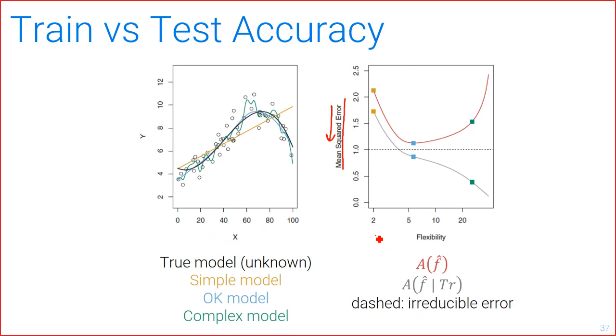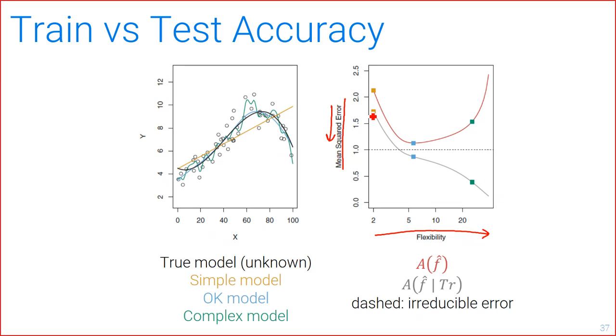And here we have a measurement of the flexibility of each of these three models, right? So what we have is in gray, the accuracy of the model, so the mean square error of the model in the training data. This is something that can get arbitrarily low. And as we see, as we increase the flexibility of the model, as we allow it to be more complex, we are decreasing the error.